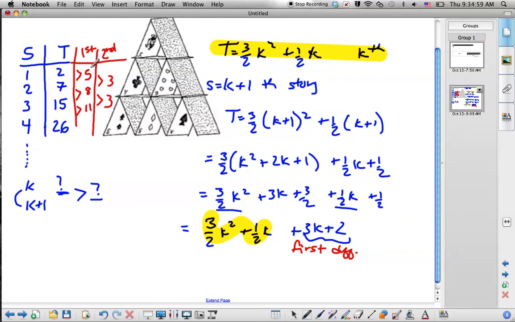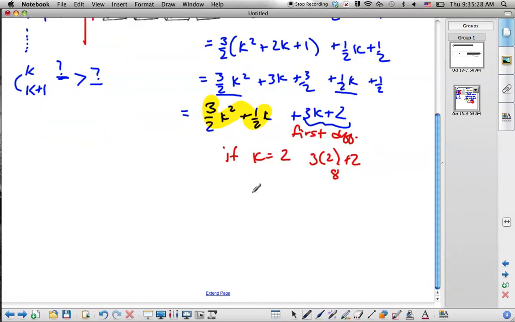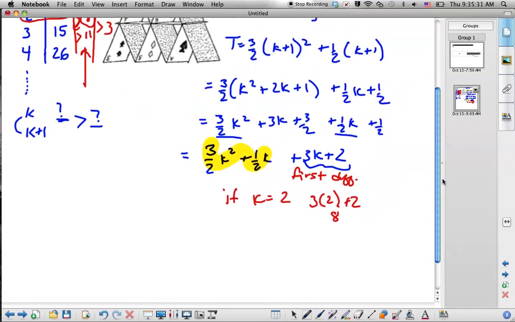And if I look at my first difference column, I can see that if k would equal 2, let's say, which is the same thing as s is 2, I plug it into here, and I get 3 times 2 plus 2, and I get 8. That was my first difference to go to my next term. That's cool. So we could do the same thing if k was 4.